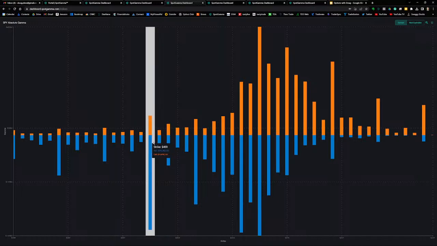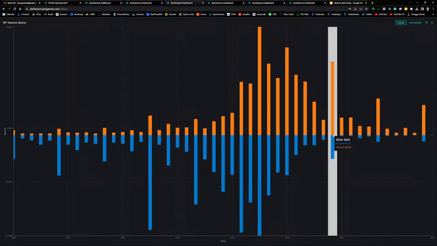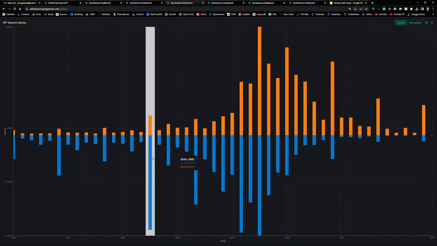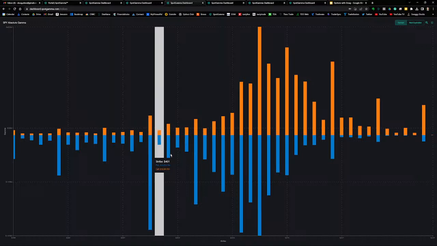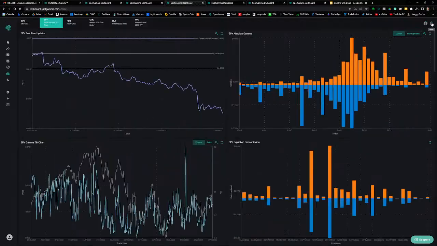Again, pretty obvious, the strike with the largest absolute negative gamma. And then the call wall has moved up to 420. So there's the ceiling and the floor for SPY, 400 and 420, pretty much in sync with the SPX.